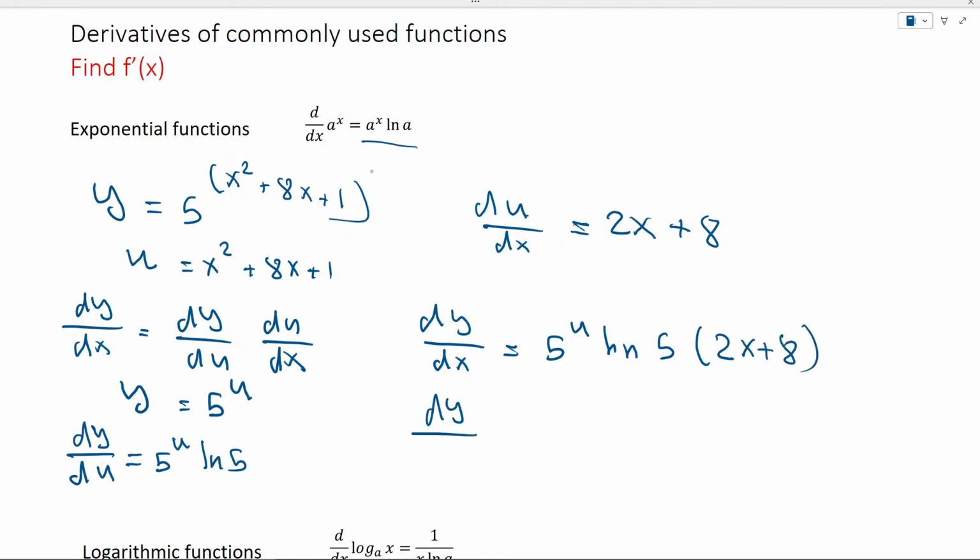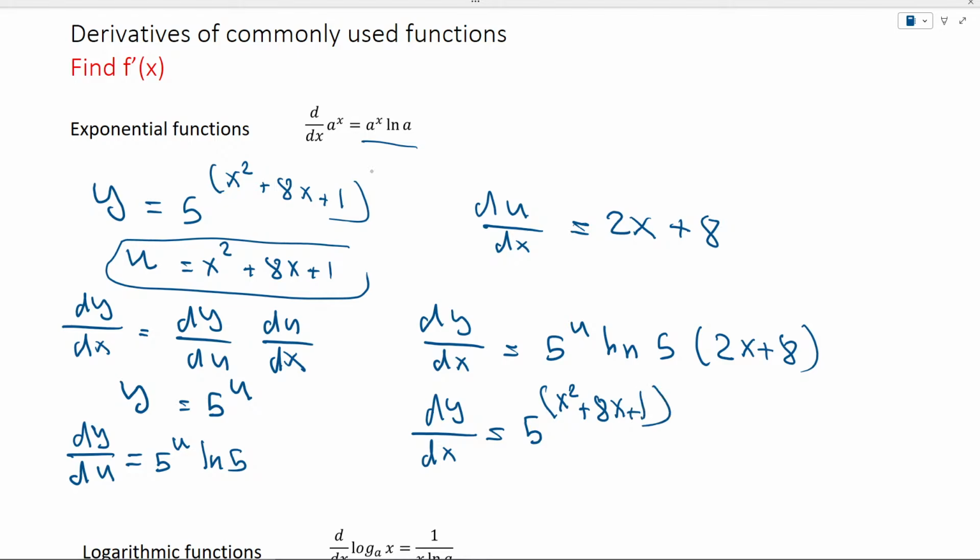So for dy over dx, I can substitute the u here for this guy. So that would be 5 to the power x squared plus 8x plus 1, ln 5, times 2x plus 8.